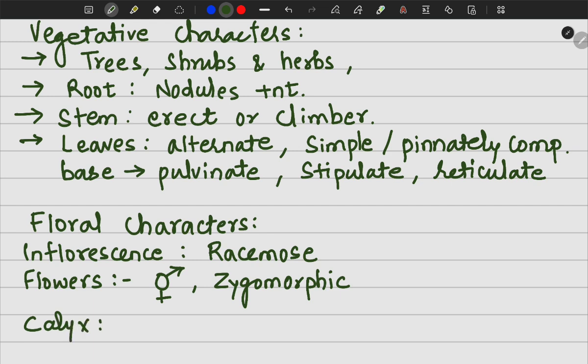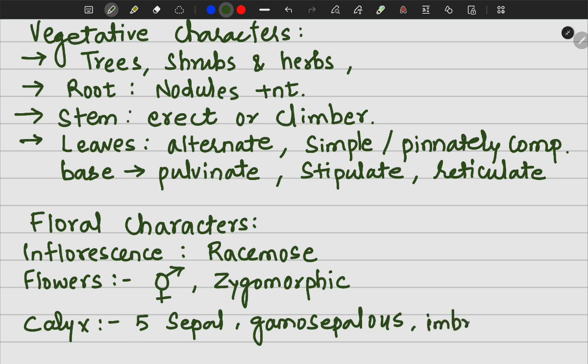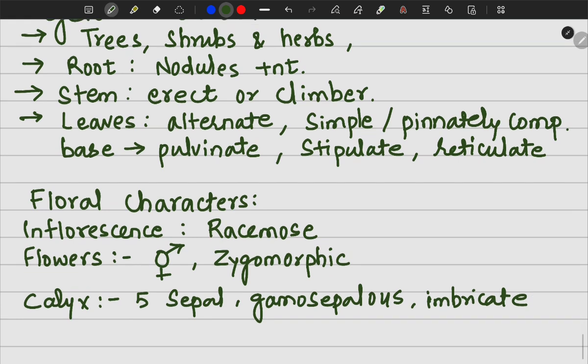The calyx will have 5 sepals and they will be fused. So gamosepalous with imbricate aestivation. Okay.